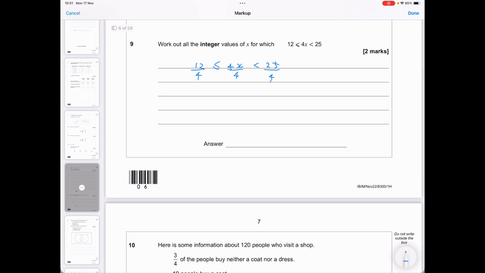But we've got to work out integer values. So that's 3 and x, and then 25 divided by 4 is 6.25, but we'll just say it's less than 6. So that is the answer.